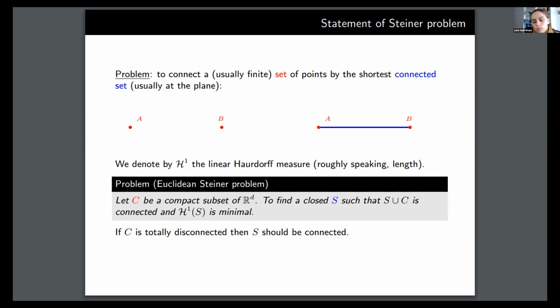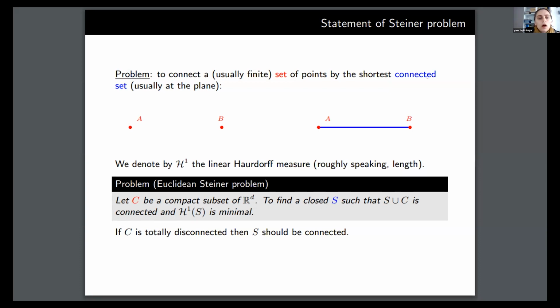We will look for the smallest one-dimensional Hausdorff measure, but if you are not familiar with this, you can think about it just as length. In our problems, it is usually the same thing.